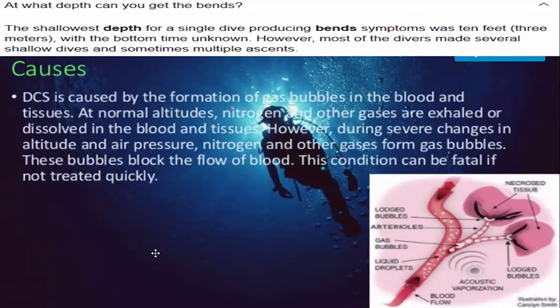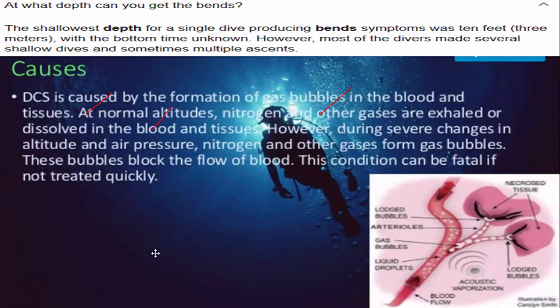At normal altitudes, nitrogen and other gases are exhaled or dissolved in the blood, as I was telling you, and in tissues. So as we inhale the gases, for example nitrogen and oxygen, they can go to the lungs, they can also go to the blood vessels, but they should also go back to the alveoli so that they can be exhaled.